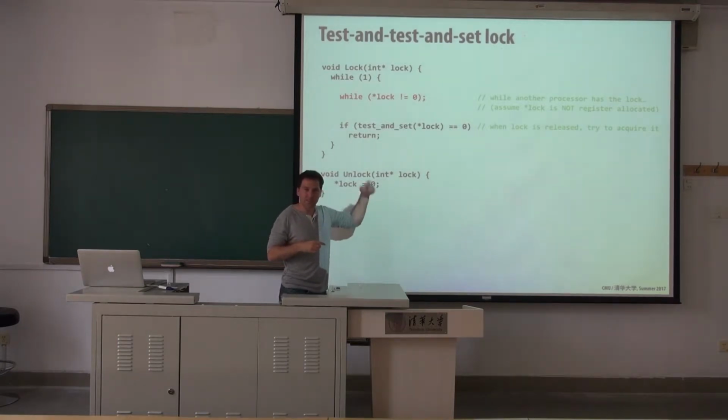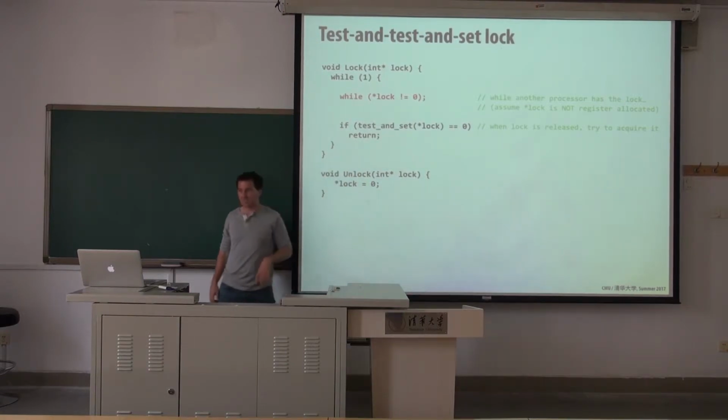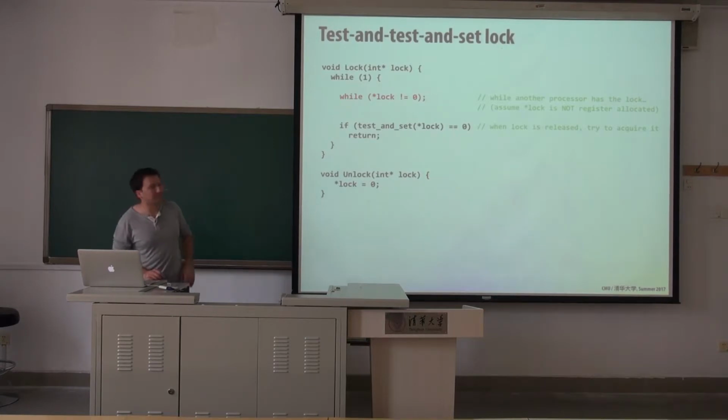Wait for the lock to become free, and then run test and set. If test and set succeeds, you have the lock. Quit. Else, start all over again. This code might seem a little weird, because we have two while loops.